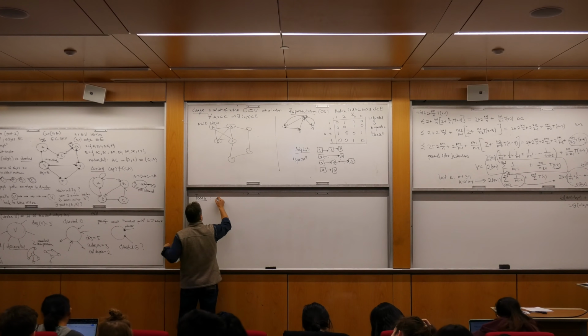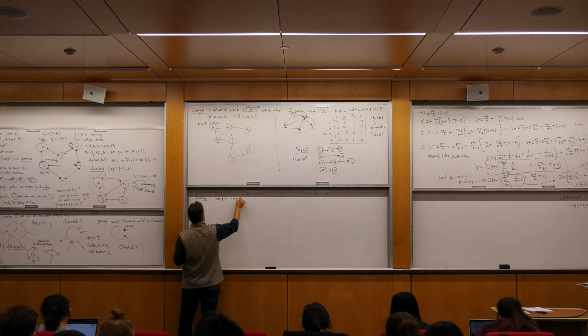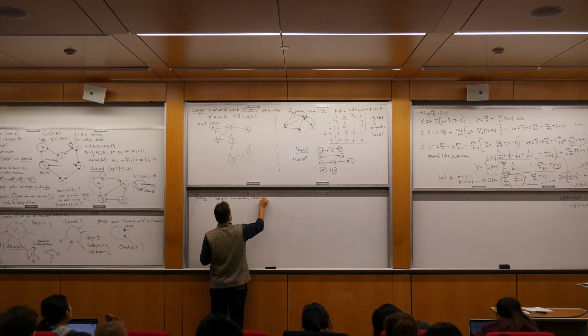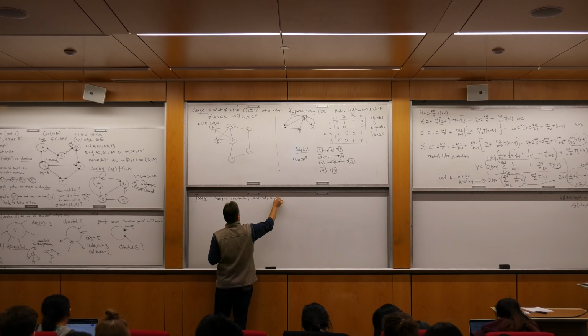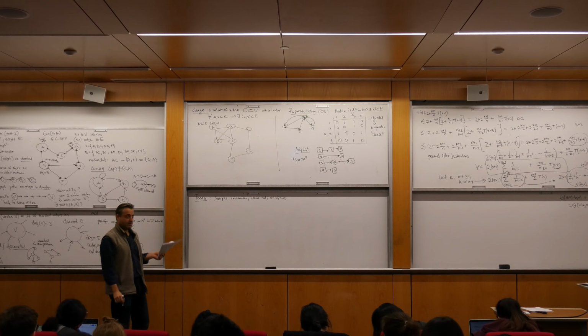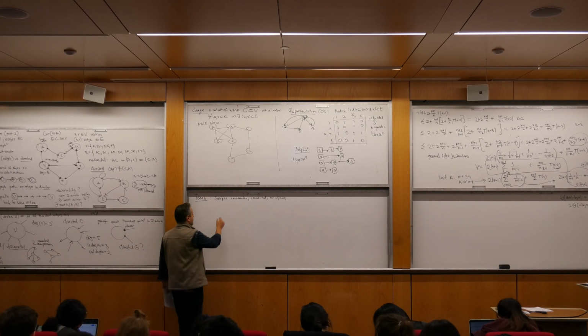Trees are graphs: undirected, connected, no cycles. Undirected, connected, no cycles. So how does that look?